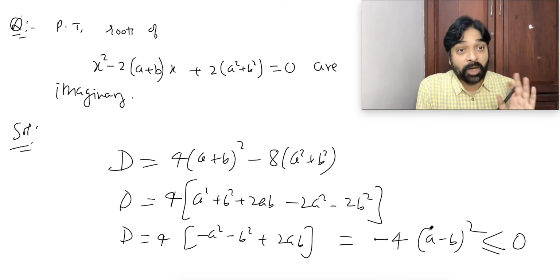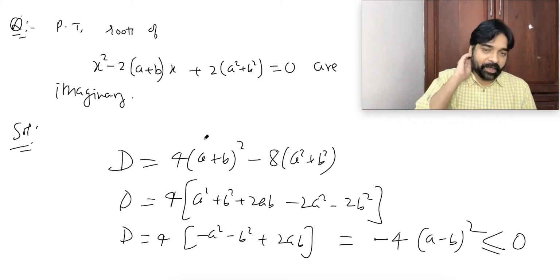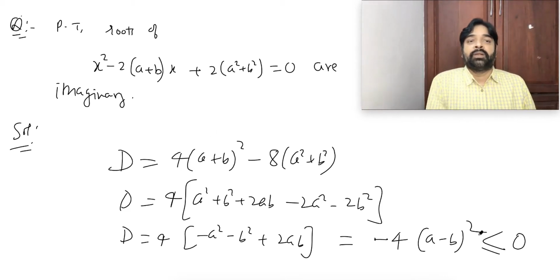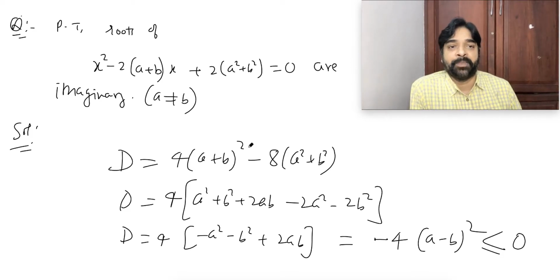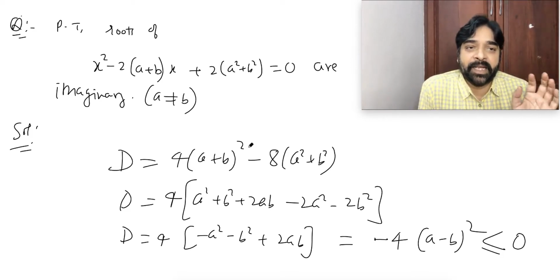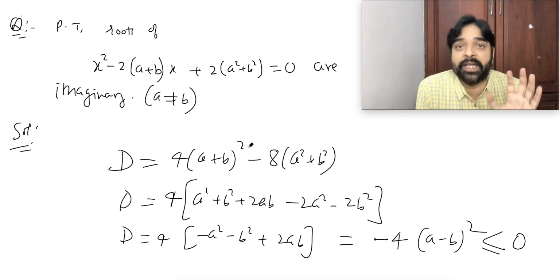Discriminant 0, the roots will not be imaginary. The question I copy-pasted from somewhere, maybe they didn't get the correct question. The roots will be strictly imaginary if the question mentions a not equal to b. Then this D will not be 0, it will be only negative.